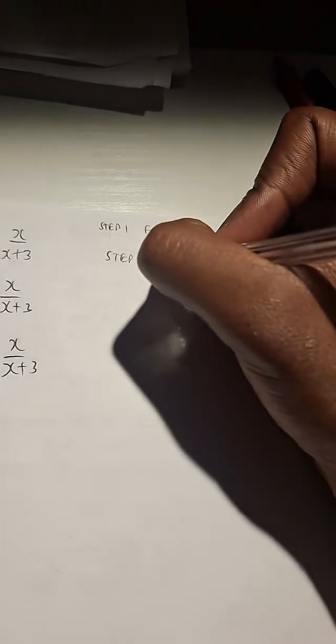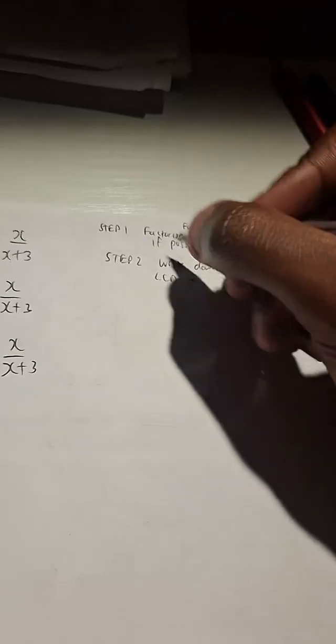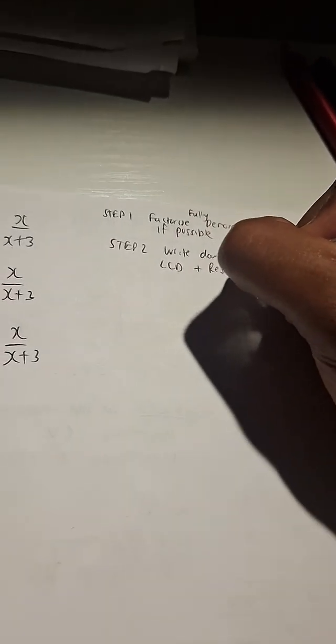Step number 2. Write down the LCD and the accompanying restrictions. Write down the what? The LCD. The what?